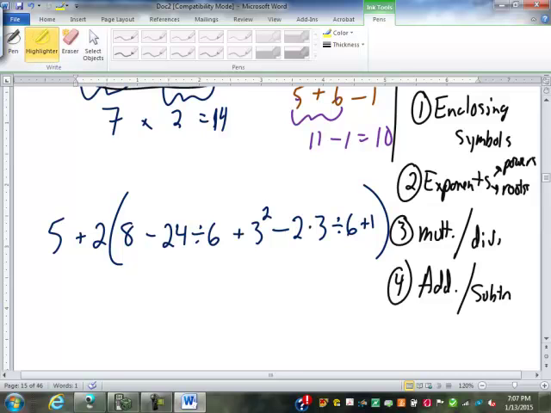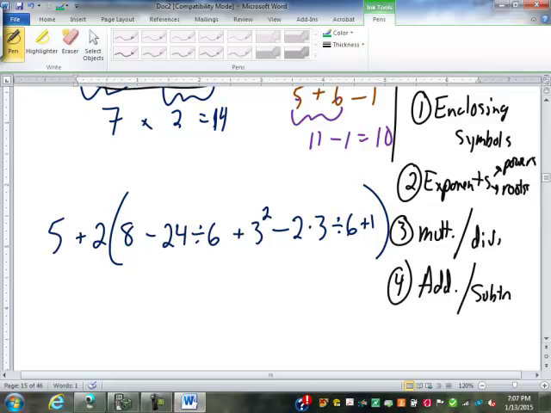Most people are really, really tempted: hey, 5 plus 2 is 7, let's do that and get it done with. No. Can't do that. This 2 is multiplying that parentheses. That multiplication has to happen before that addition. That addition is one of the last things that can happen in this problem.